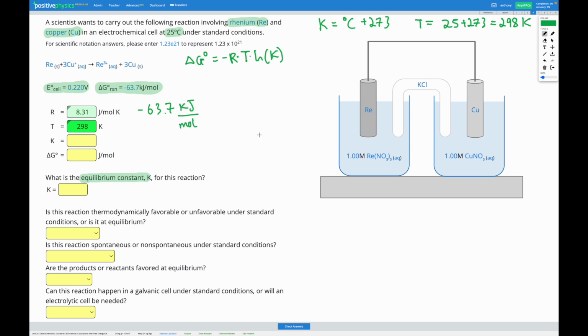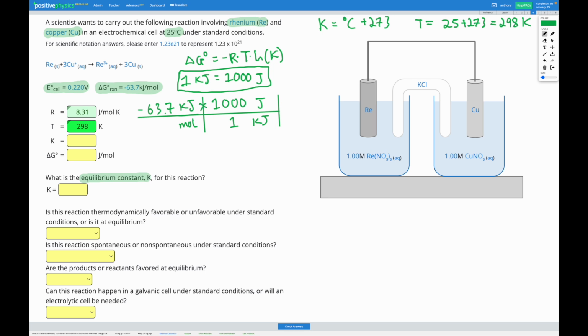I'm going to set up a dimensional analysis table, and we're going to use the conversion factor: 1 kilojoule is equal to 1,000 joules, because kilo means 1,000. So I'm going to put kilojoules on the bottom, so that will cancel out, joules on the top, and I have 1,000 joules is equal to 1 kilojoule.